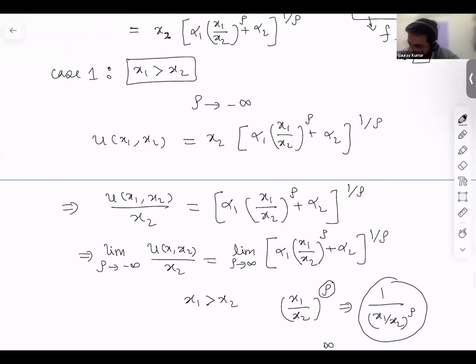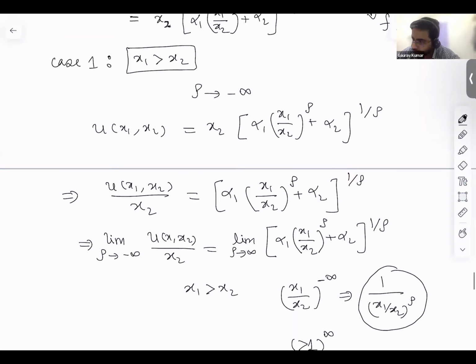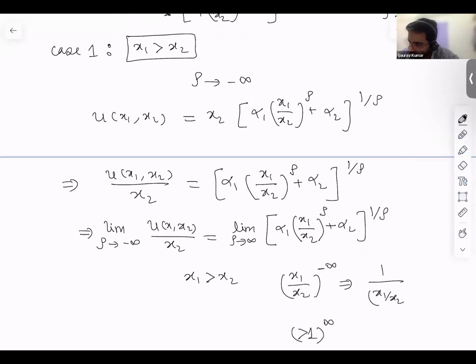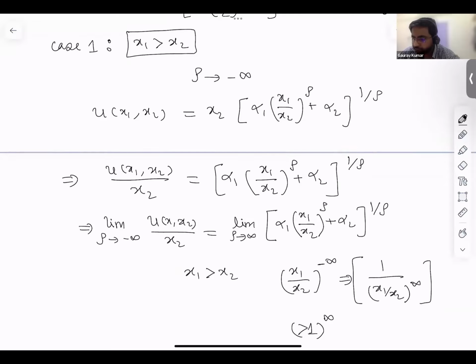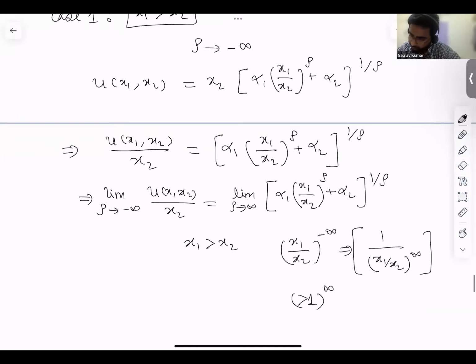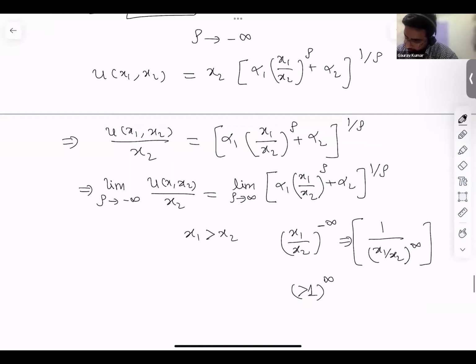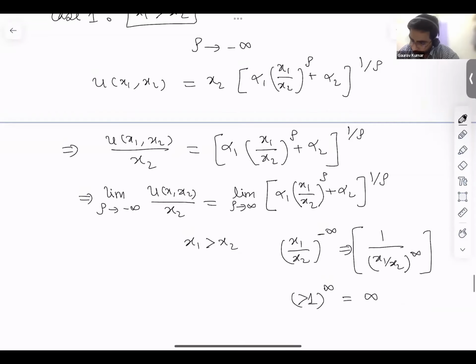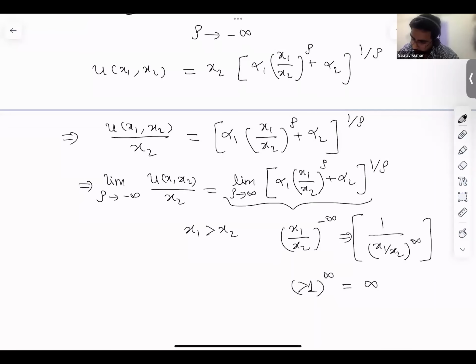So let me write here, instead of rho, I'm writing minus infinity, okay. So what you can have is this thing, okay. So x1 by x2 to the power infinity, something greater than 1 to the power infinity is going to be infinity.